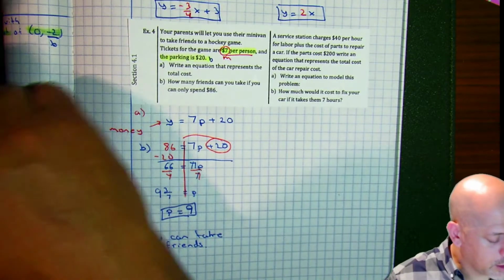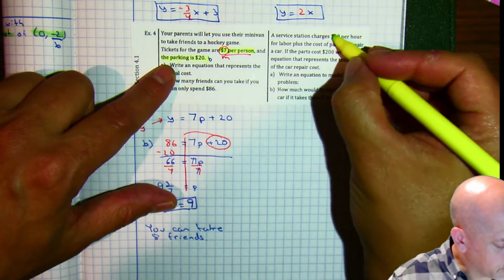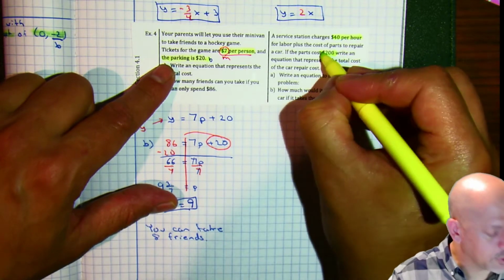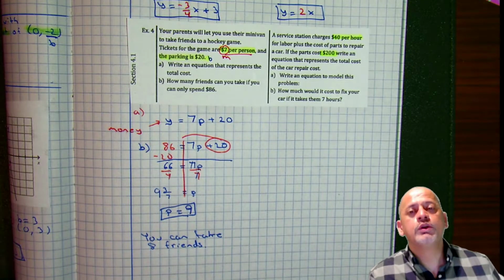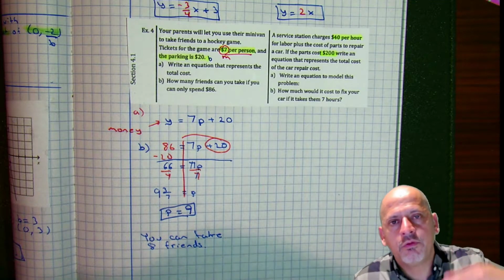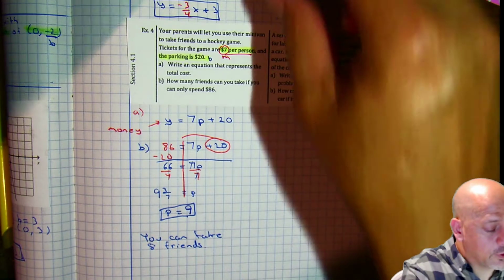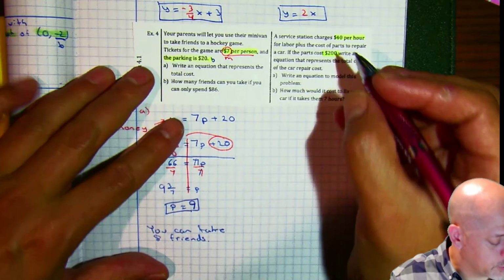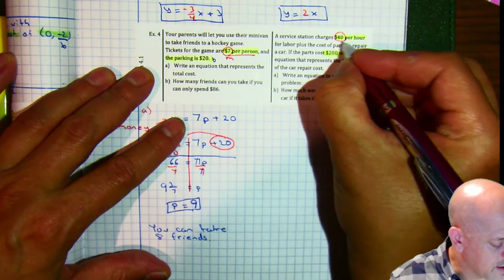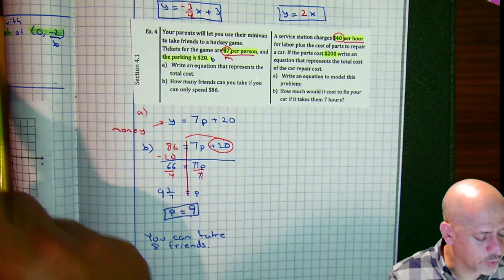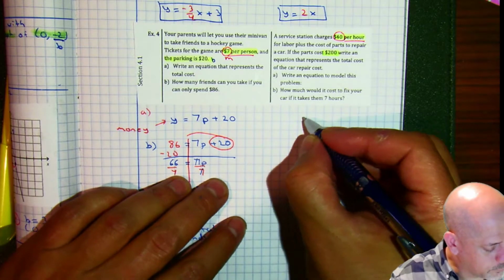So therefore, we have the $40 per hour and the $200 per part. So which is the fee that repeats over and over again? Correct, the $40. So the 40 is going to be like our slope. $40 every hour.